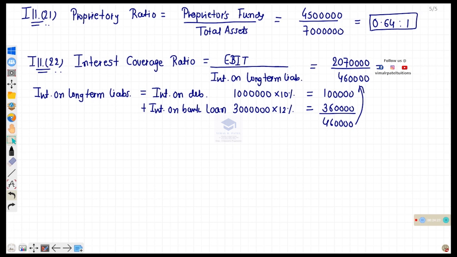So 20,70,000 divided by 4,60,000. Here the answer will be in times, which means your earning before interest is 4.5 times what you are paying as interest. Okay? Write times. In coverage ratio and turnover ratio, it will be times. 20 lakh 70,000 divided by 4 lakh 60,000. Don't write 'is to'. Directly write times.